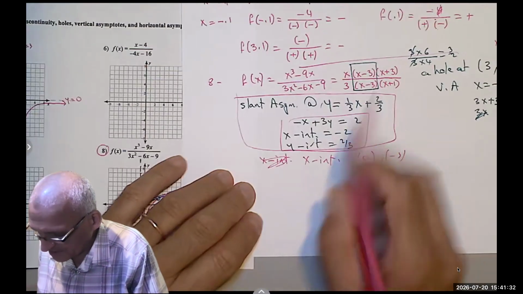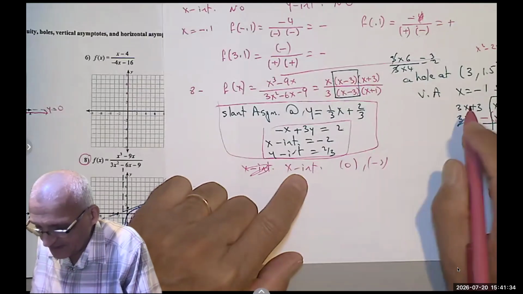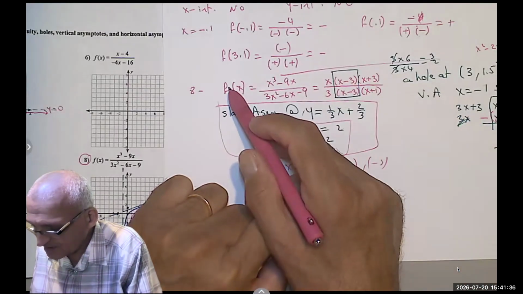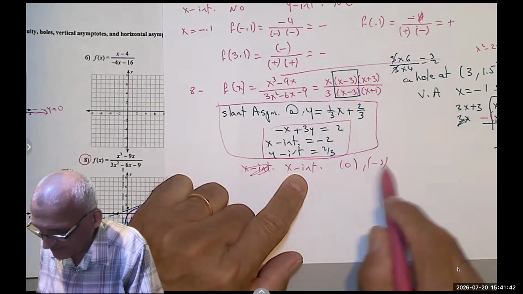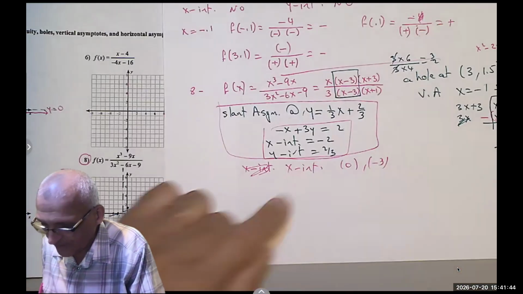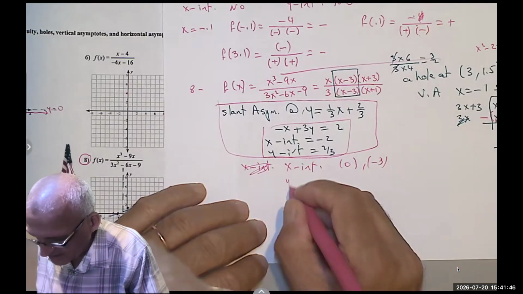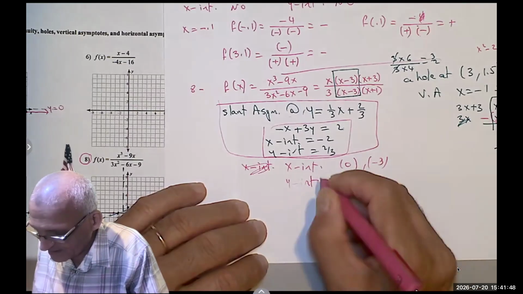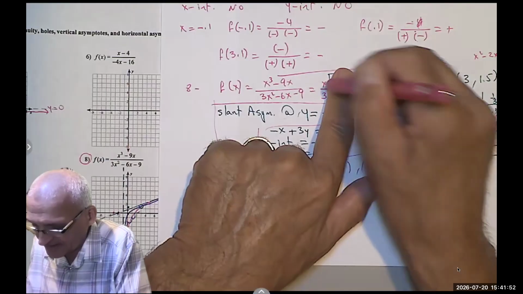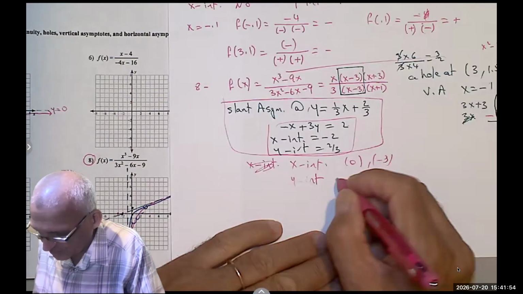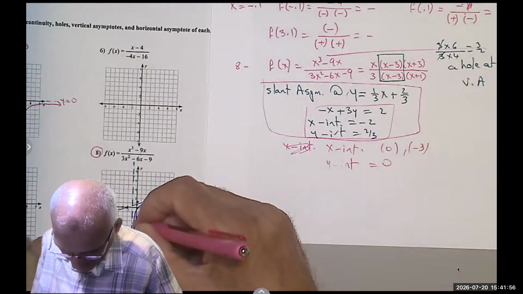Here is the equation. The x-intercept is when this guy equals 0, and this guy equals 0 when x is 0 or x is -3, right? And the y-intercept is when the x's equal 0. Of course, you don't care about that. So you get 0 times anything is 0, so the y-intercept is 0, so it has to pass through the origin.